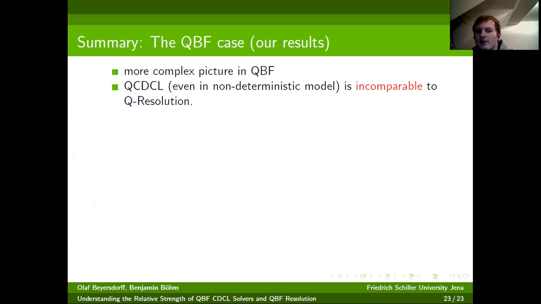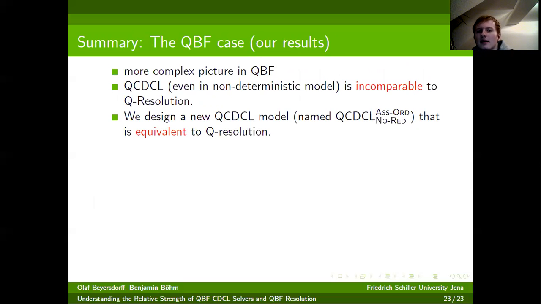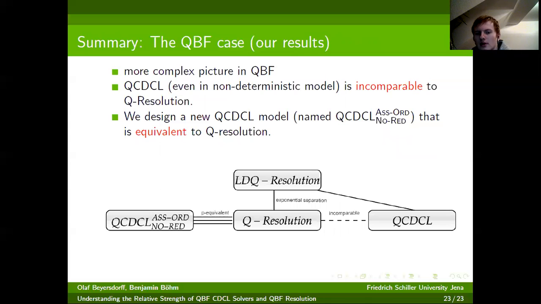QCDCL is incomparable to Q-resolution even in the non-deterministic case, and we have to modify this QCDCL model a little bit, and then this new model is really equivalent to Q-resolution. With this, I will end my talk, and thanks for listening.